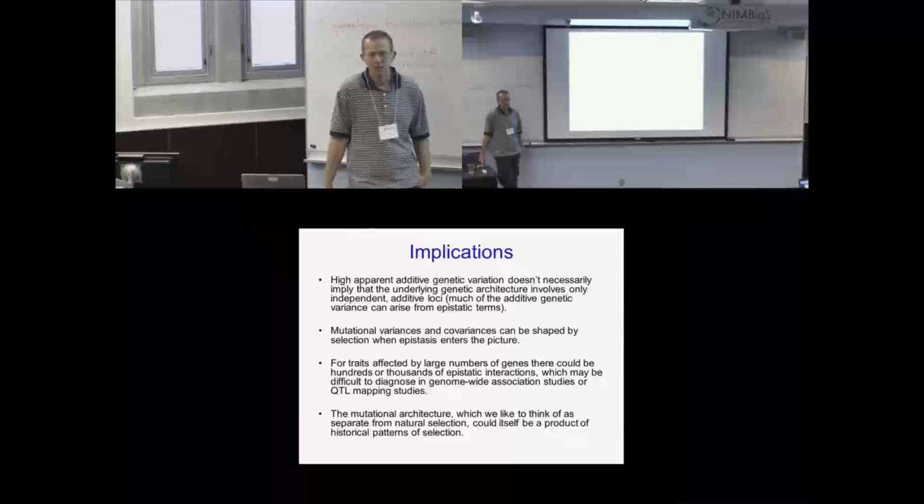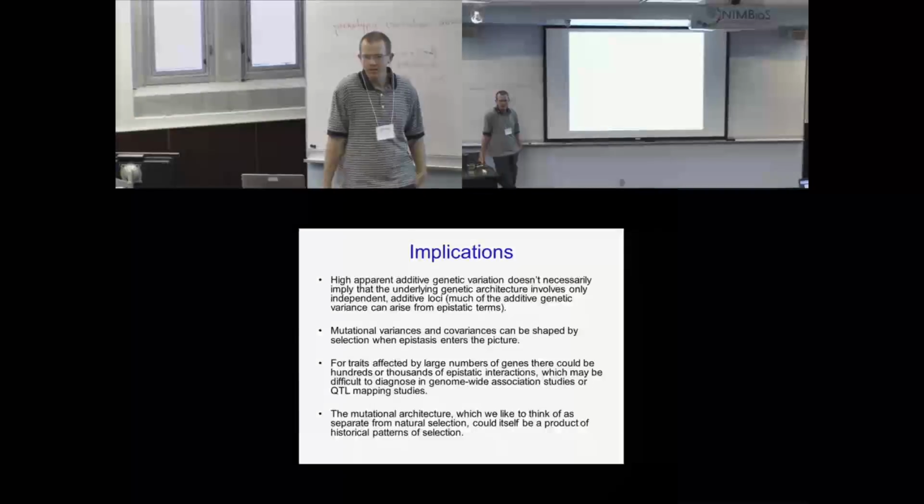I don't right off the top of my head know what the results are. I think mutational correlations are reasonably common, but do you know, Steve? I'm thinking of studies by Suzanne S.